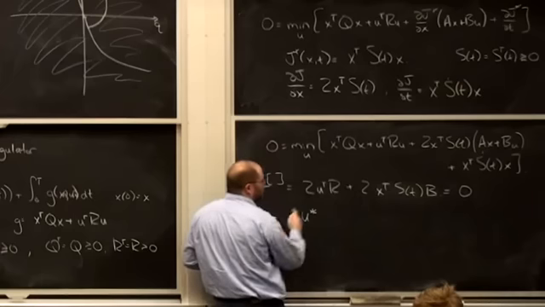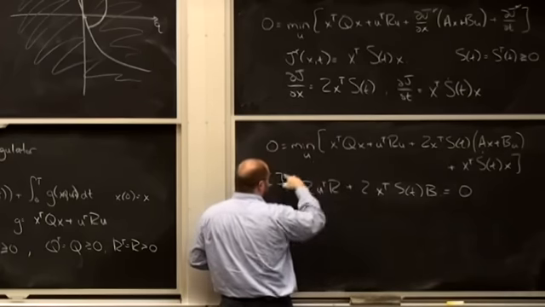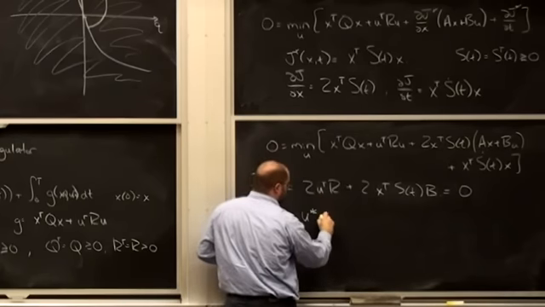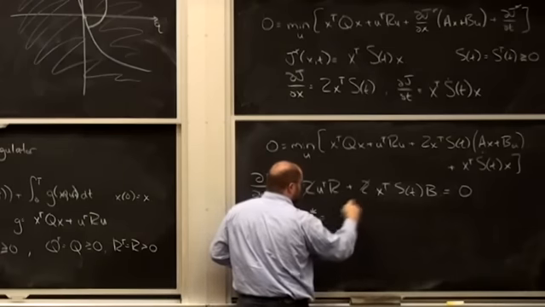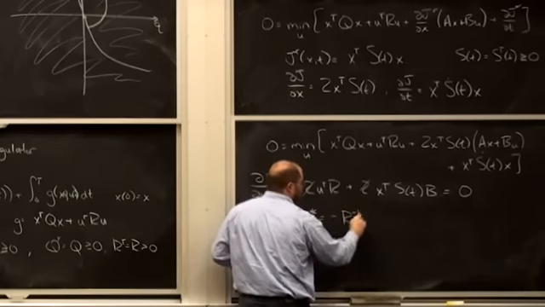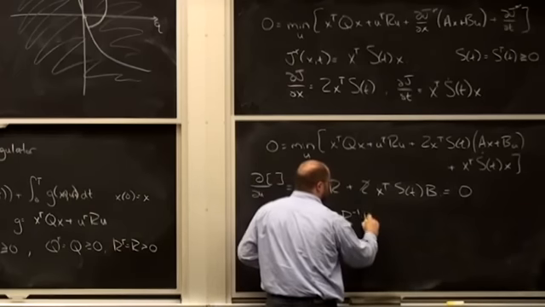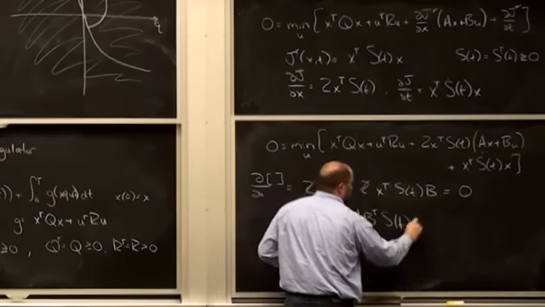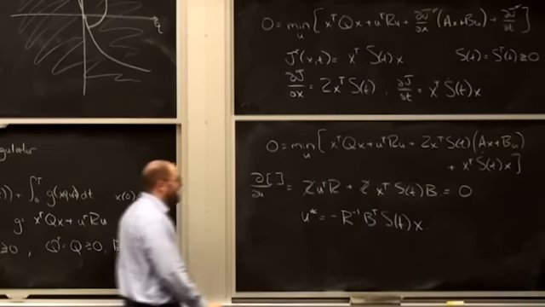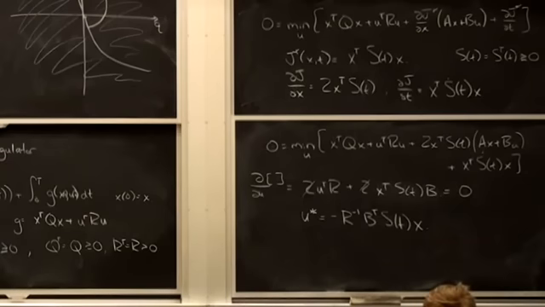So U star, the U that makes this gradient 0, is going to be, those 2's cancel, it's going to be negative R inverse B transpose S transpose X. Okay?